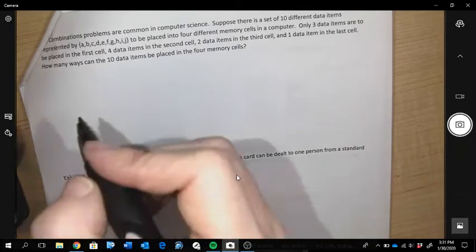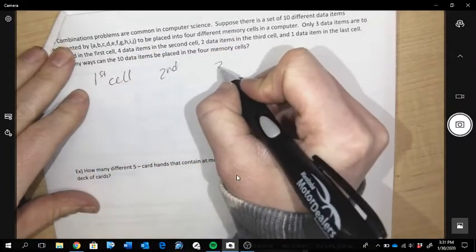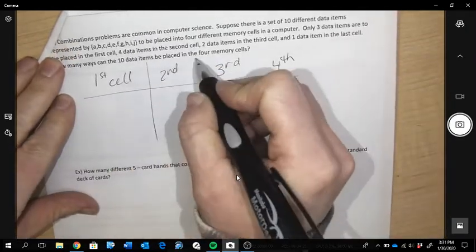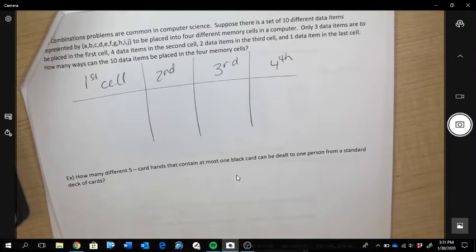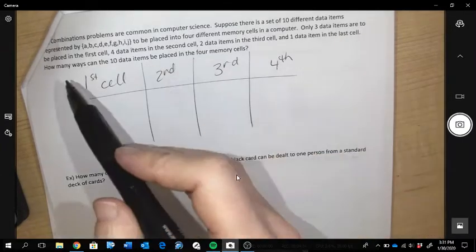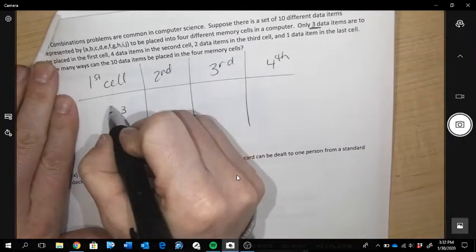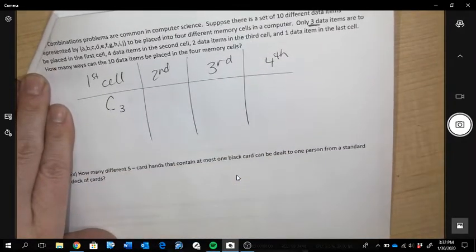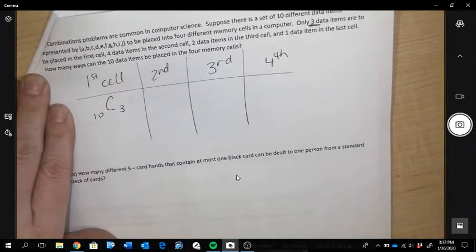Okay, so first cell, second, third, and the 4th. Okay, so when we go to put them in the first, we have 3, and the order doesn't matter, it just is, right? So it's a combination, and there was 10.